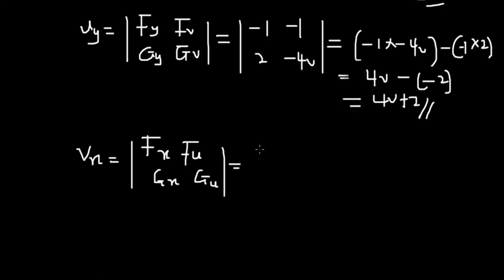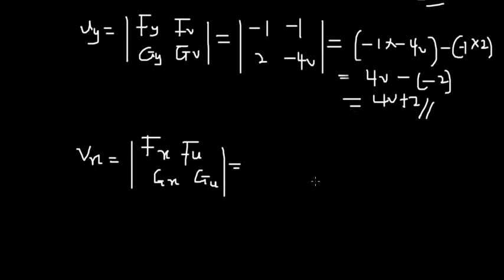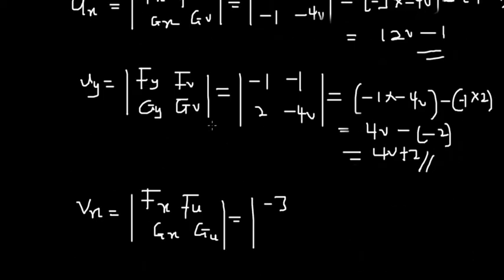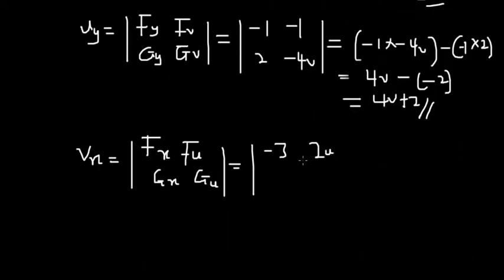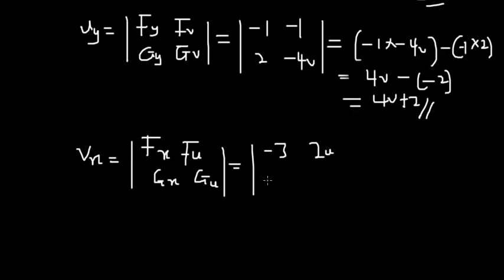Simple and straightforward. So let's take f of x, which is -3. And then f of u is +2u. We have g of x, which is -1. And then g of u is +1.